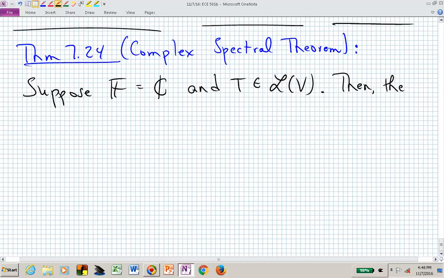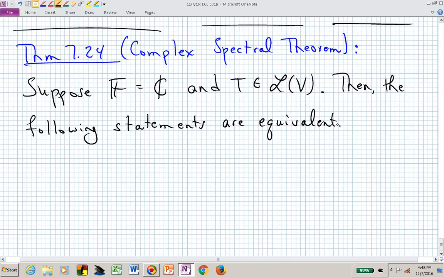Then the following statements are equivalent. 1, T is normal.